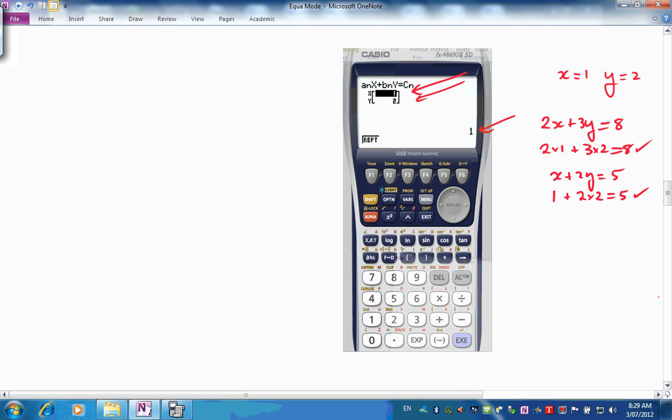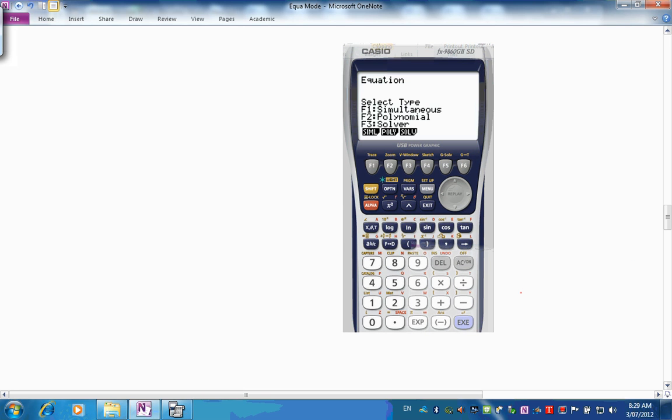If we now want to have a look at some other equations, let's go back, and so I'd like you to hit execute now, and we'll go back to this window. So we've looked at simultaneous. What's this next one in here? F2, polynomial.